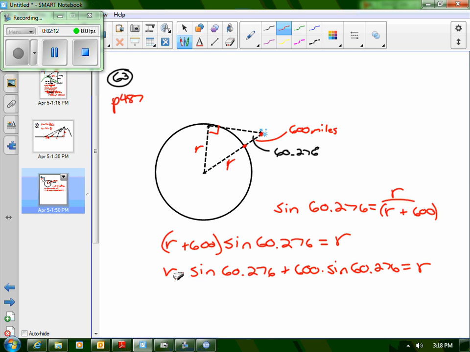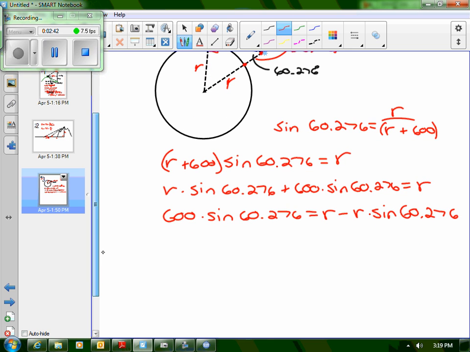This over here, I'm going to get the r's together on this side, so I'm going to subtract this entire value over to the other side. So this is all that's left on the left, the 600 times the sine of 60.276. That's going to equal r, and then I subtracted this from the other side, so minus r times the sine of 60.276.